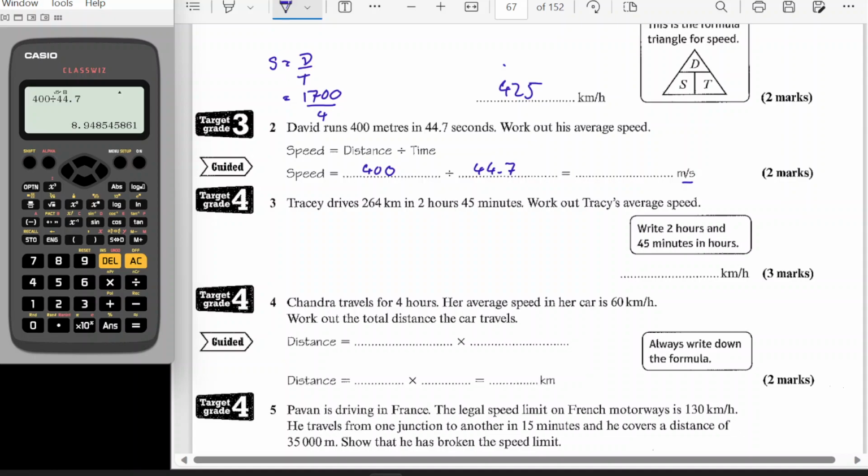We've discussed this before, I would tend to write it down more accurate than is needed as my starting point. 9485... So I would give my answer as 8 point, and I would go 1 degree more accurate than the question, so I'd go 9.5.